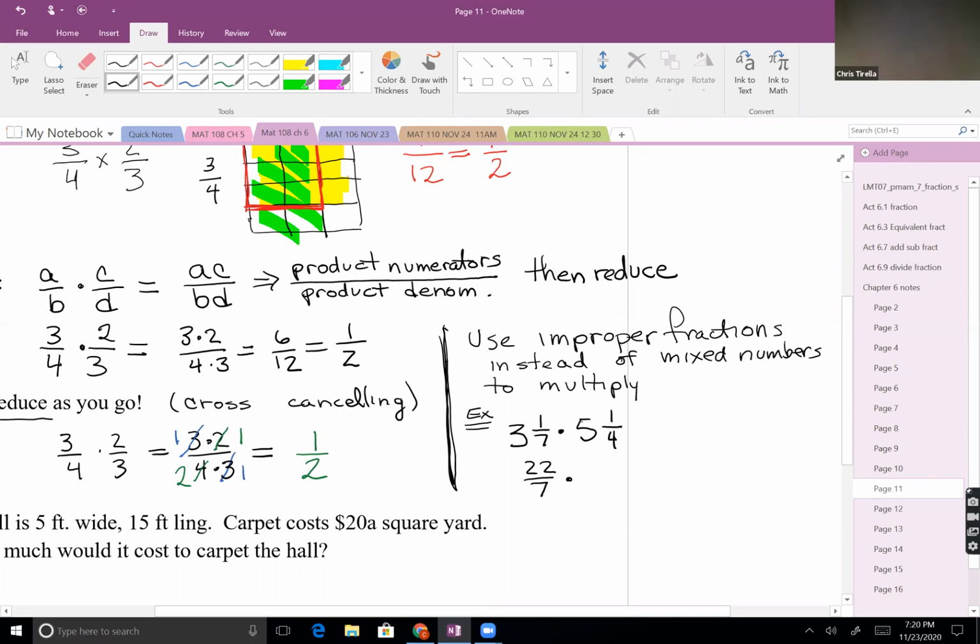And then here, 5 times the 4 is 20, plus the 1 is 21/4.